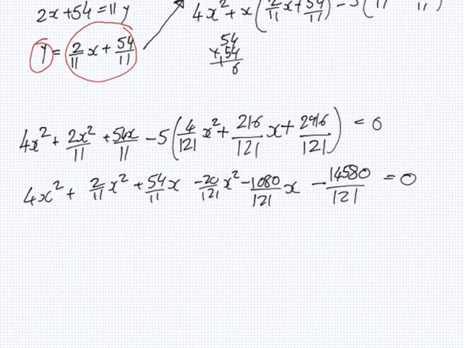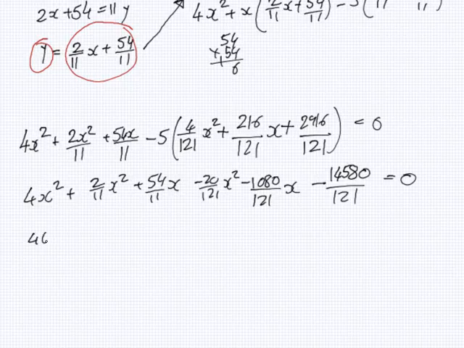4x squared plus 2 over 11, that's 46 over 11 x squared. And we still have this here.